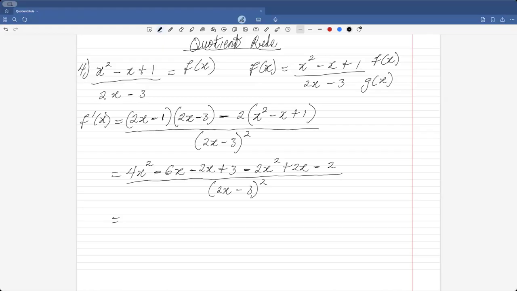So 4x squared minus 2x squared, we have 2x squared. Negative 6x, negative 2x, we have negative 8x.